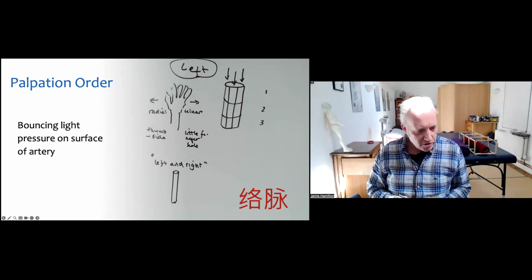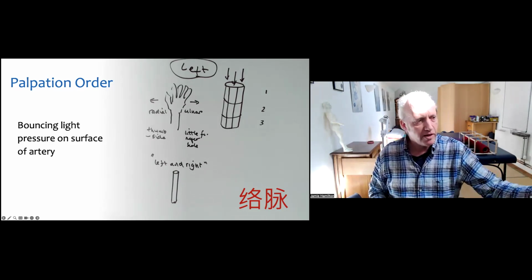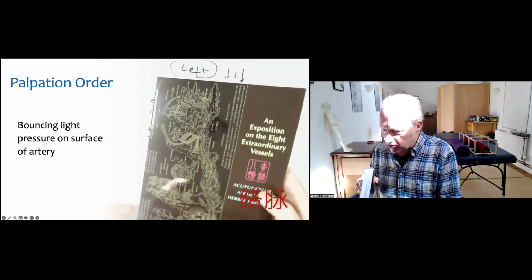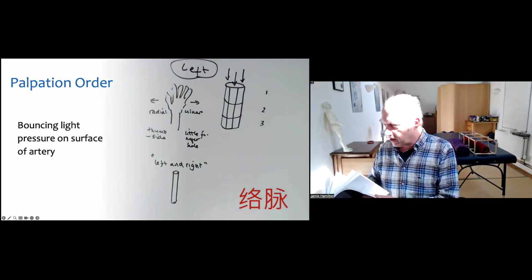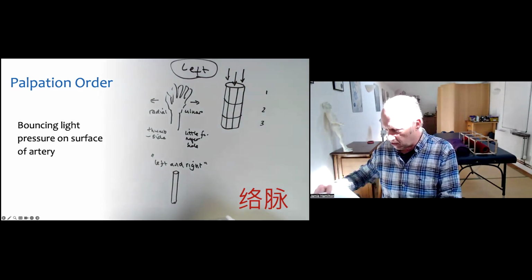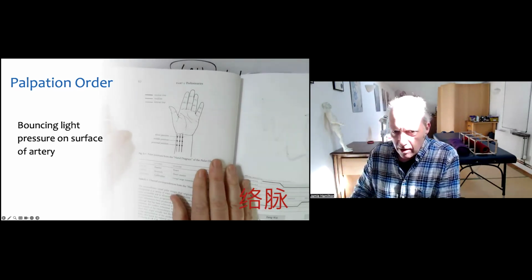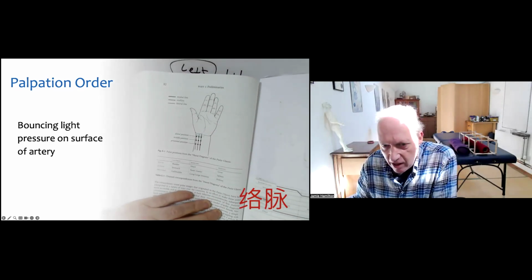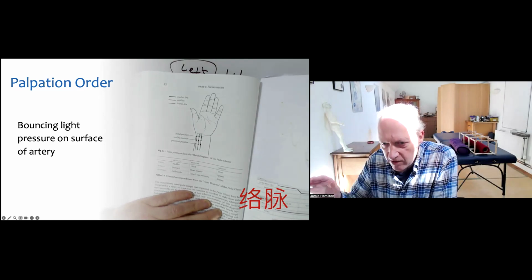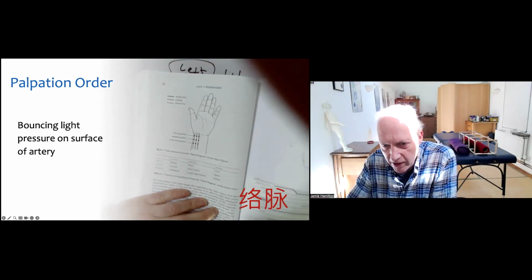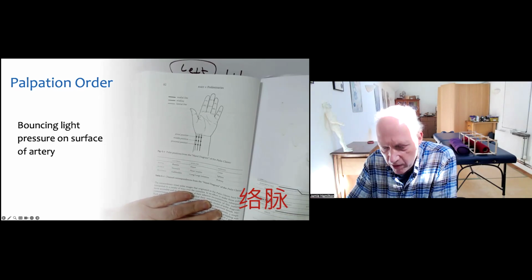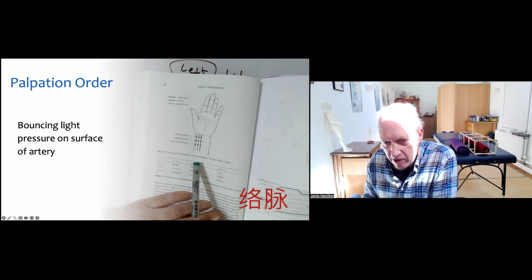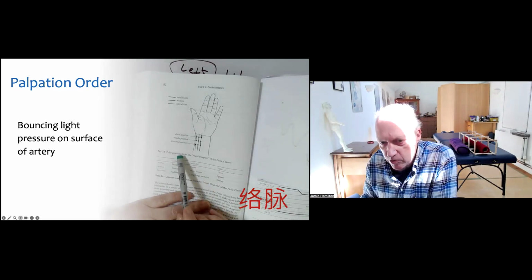Yes, I know. I wanted to show you from the Exposition of the Extraordinary Vessels this diagram, which I think is super cool. To show you it's not just me talking about this, here it is: pulse positions from the hand diagram. It says here, pulse positions from the hand diagram of the Pulse Classic.